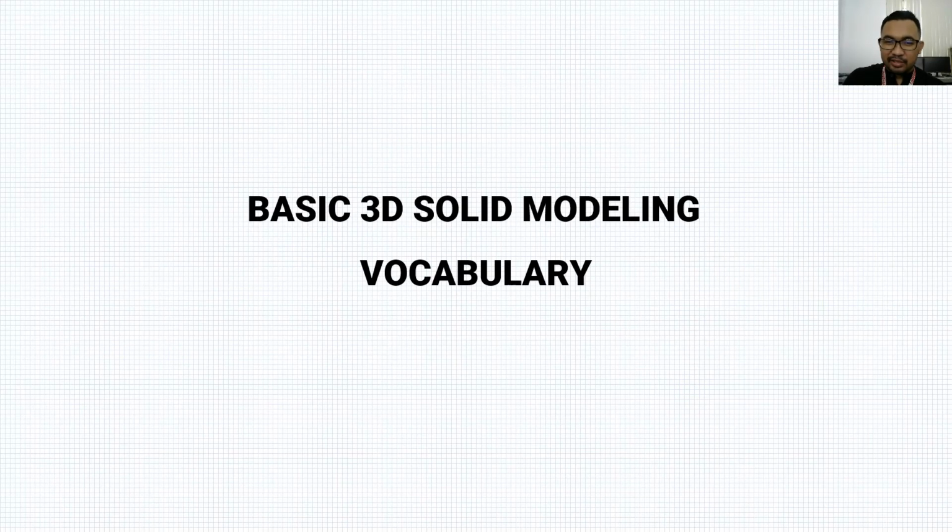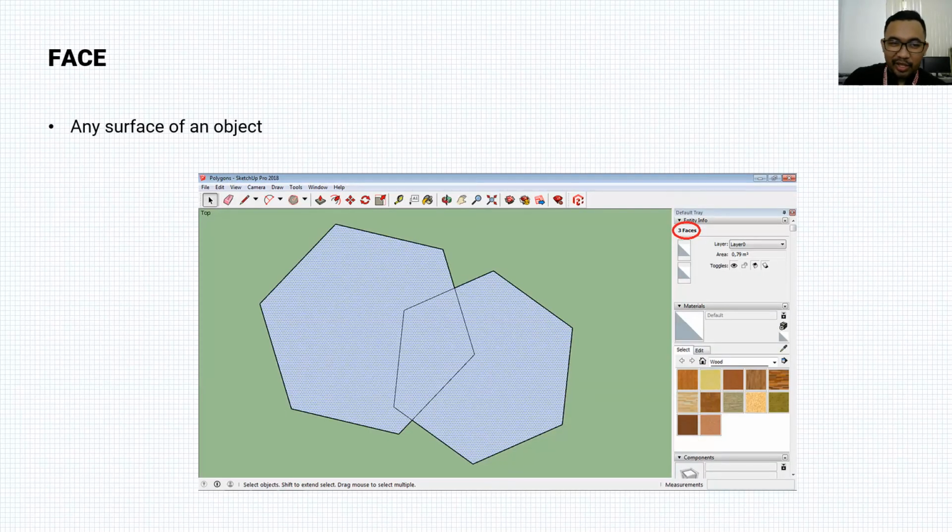So basic 3D solid modeling vocabulary. So we'll be discussing about the tools, no, or ang vocabulary ni Google SketchUp, para ma-familiarize kamo. So the face is any surface of an object.